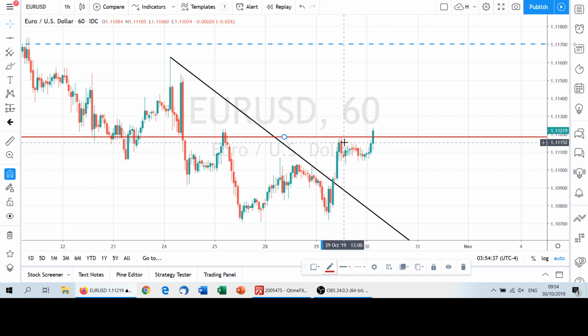Ram Heinz, don't lose faith in the euro, buddy. Let me tell you one thing about myself. I was buying the euro in July, and I had many stops hit. But of course, I keep my losses under control. I don't make huge losses. In July, I was wrong about the euro most of the time.